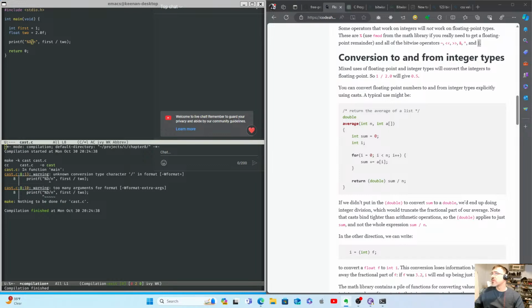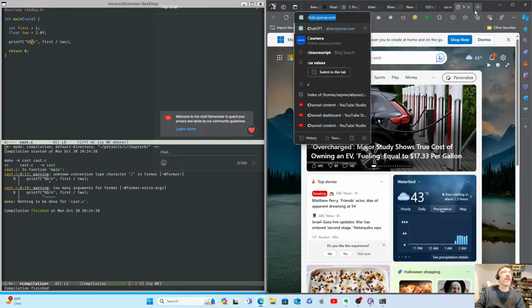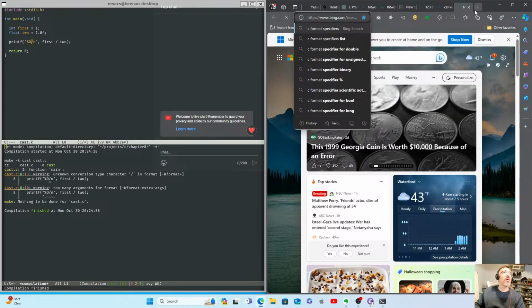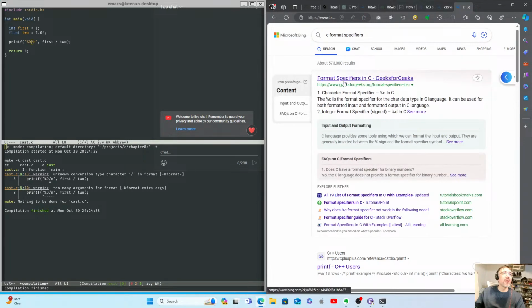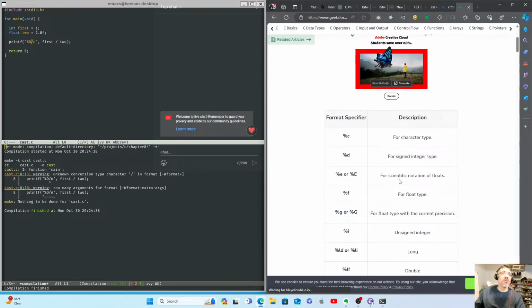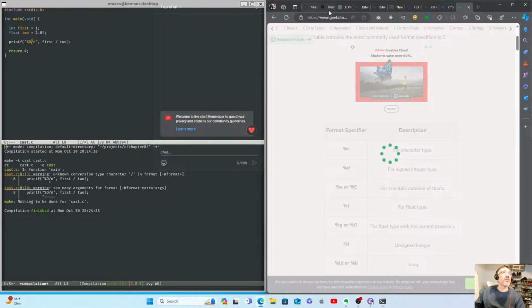Format specifiers. The format specifiers. D for signed. Percent F? Is that it? Just percent F?